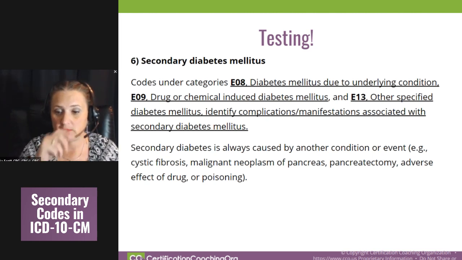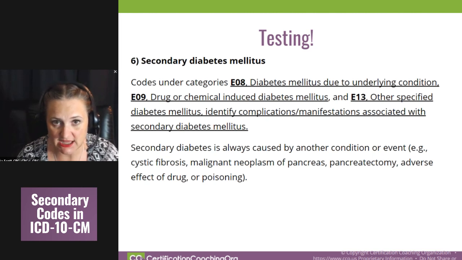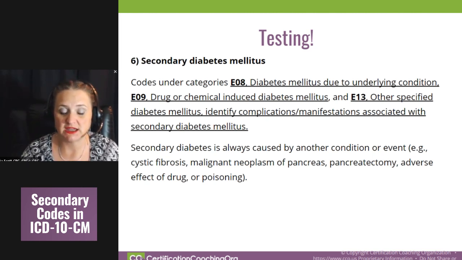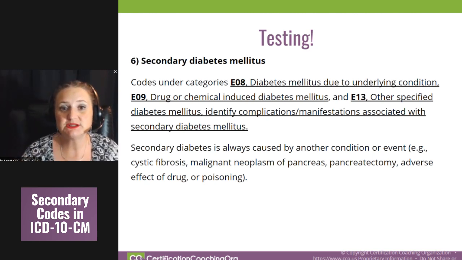Okay, let's say one of the scenarios that they always test you on is a guideline where they don't put in the documentation what type of diabetes the patient has. And we know the guidelines tell us to default to type 2, because like 98% of all diabetics are actually type 2. But in your multiple choices, it's going to say it's an E08, an E09, maybe an E13, and then it'll say, or get this, it'll give you a choice between E13, E11, or E10.